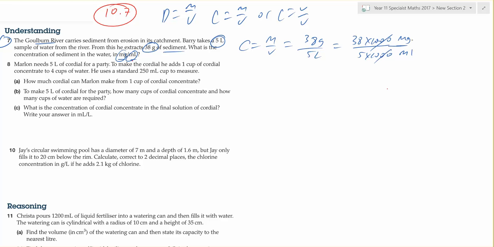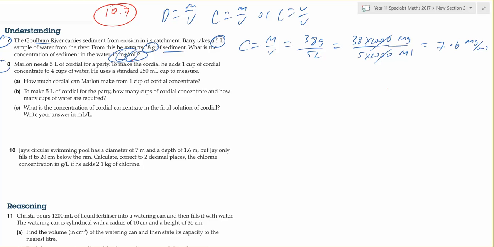The thousands actually cancel out in this case. So we should get 38 divided by 5, which is 7.6 milligrams per mil. So always look at what your final units are and convert the units accordingly before calculating your answer.